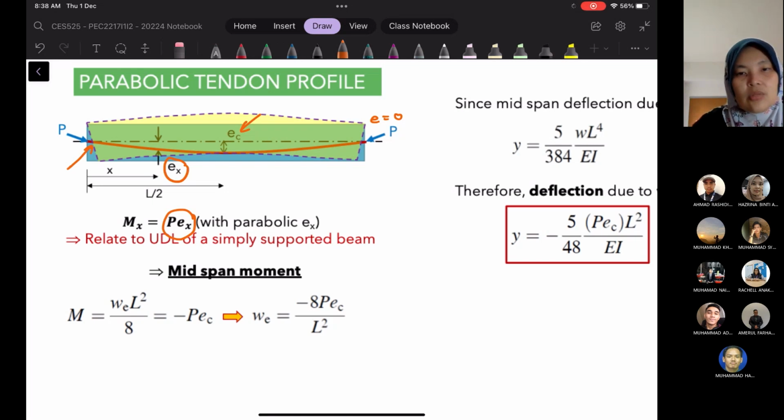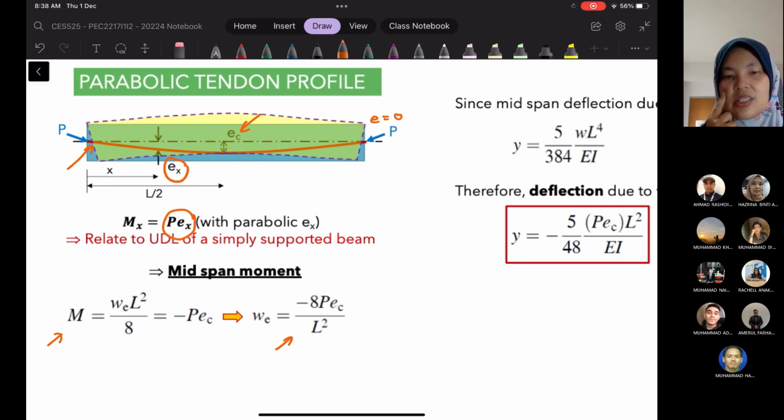So in relation to UDL of a simply supported beam, we can actually rearrange the equation for moment, right? So moment is basically WL squared over 8, right? So due to the eccentricity, if we rearrange the equation, we are going to get this, right? Okay, so WE is equal to negative 8PEC over L squared, right?